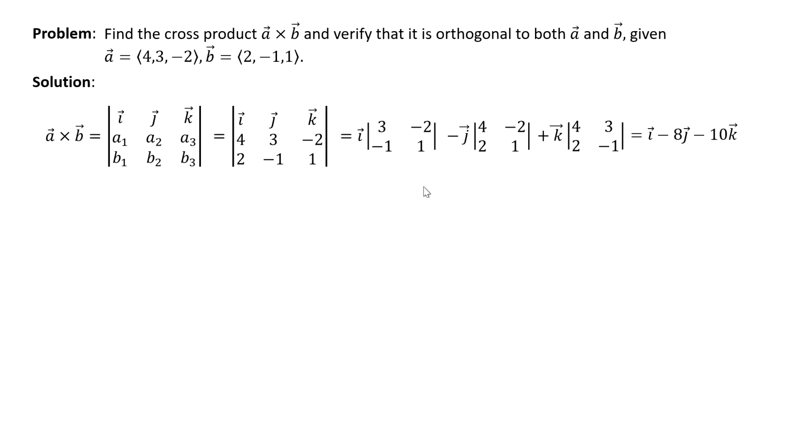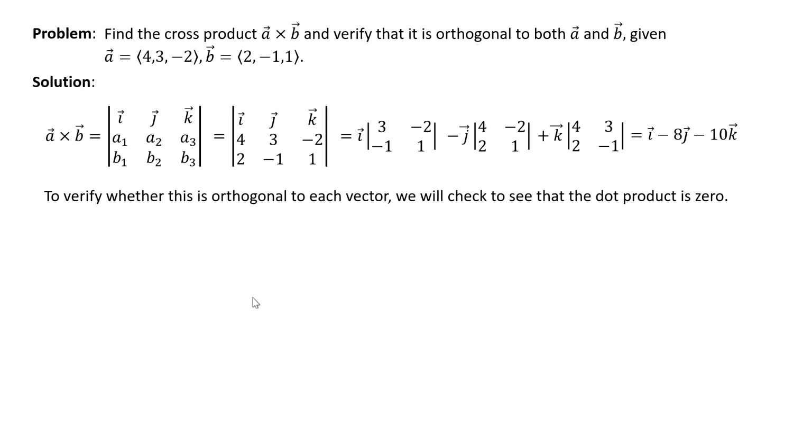That's it. So that's the concept we are going to use. We know the A cross B vector, and we'll take a dot product with A, see whether or not that is 0. If it is, then A cross B is definitely orthogonal to A. Similarly, we'll take A cross B and take the dot product with B and see whether that is equal to 0. If it is, A cross B is orthogonal to B.